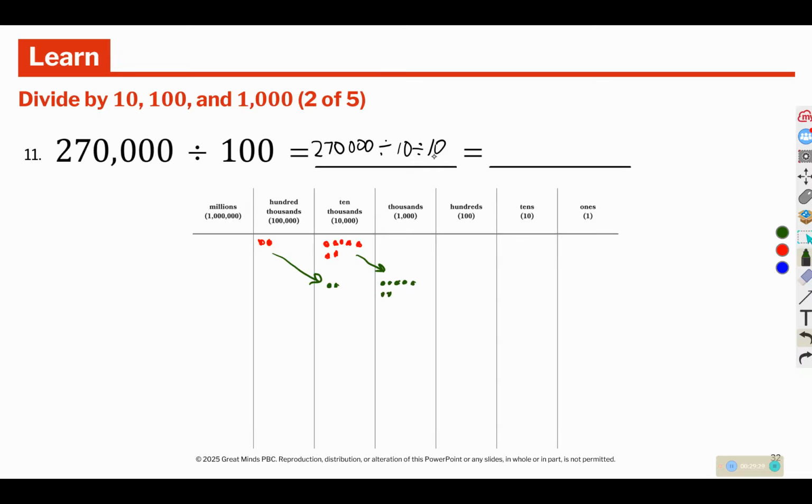But then I need to divide by another 10. So the 2 is in the thousands place and the 7 is in the hundreds place.